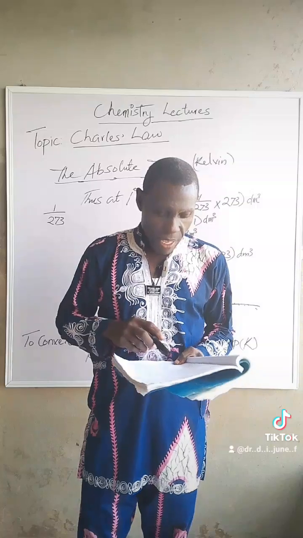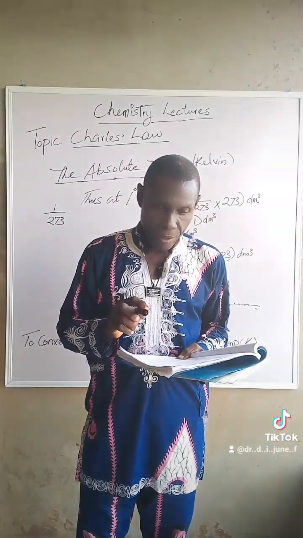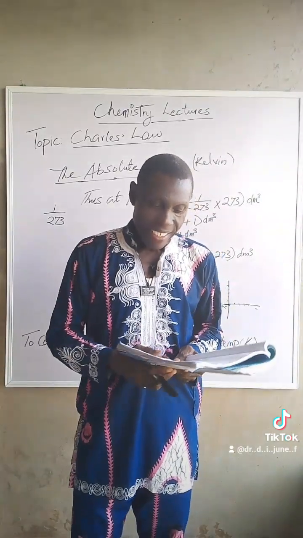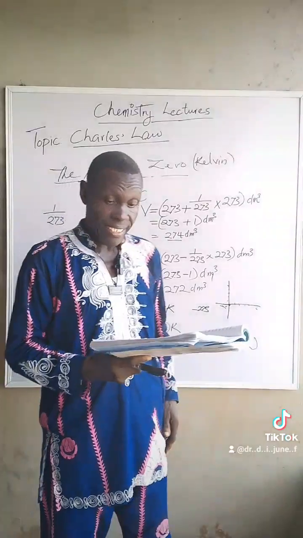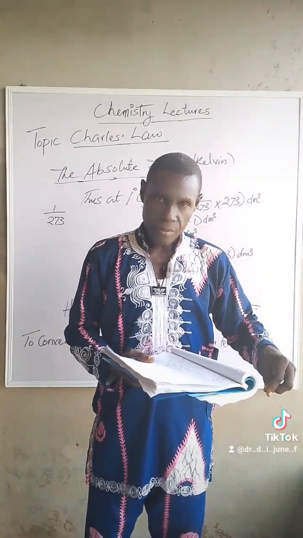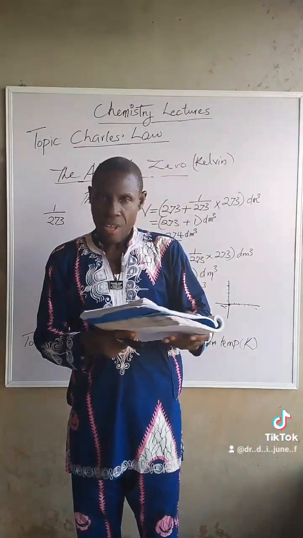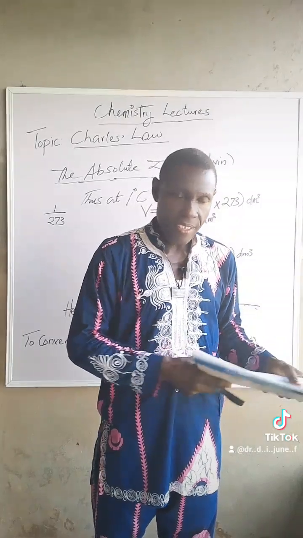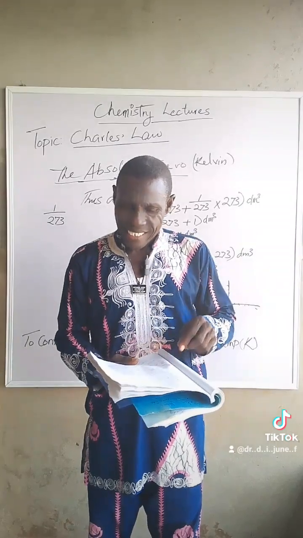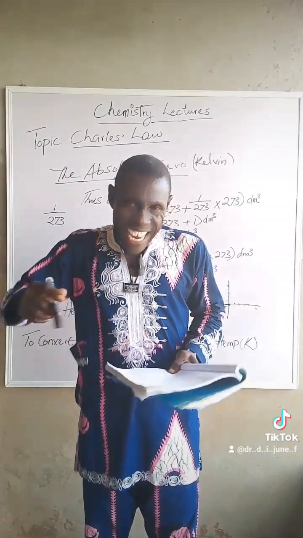Note, the Kelvin temperature, also called the absolute zero, has minus 273 degrees Celsius as its starting point. We have degrees Celsius, we have Kelvin. So in Kelvin, minus 273 degrees Celsius is its starting point.